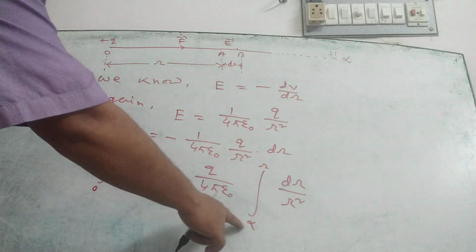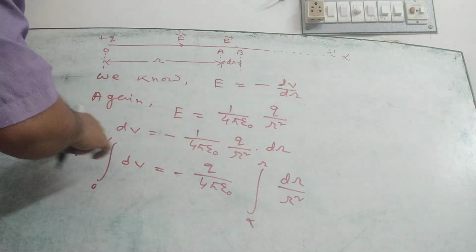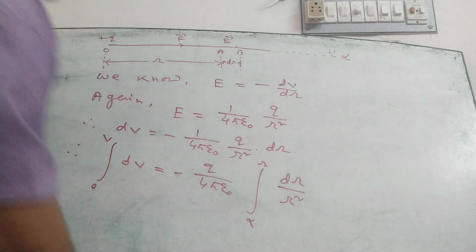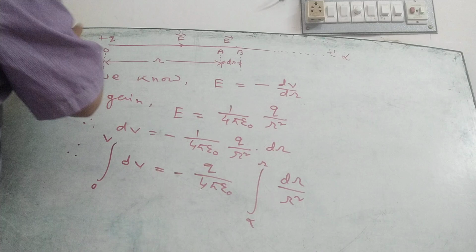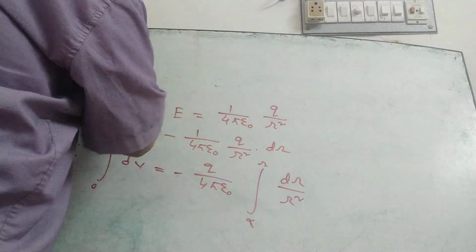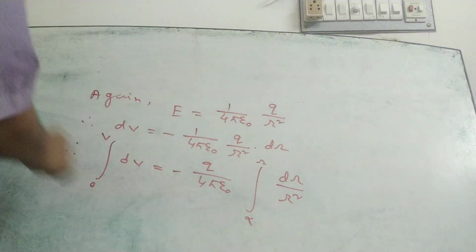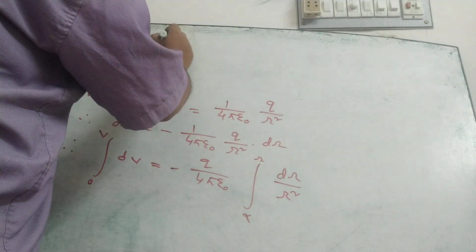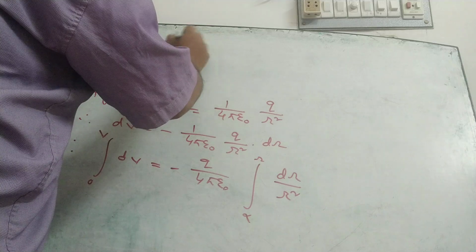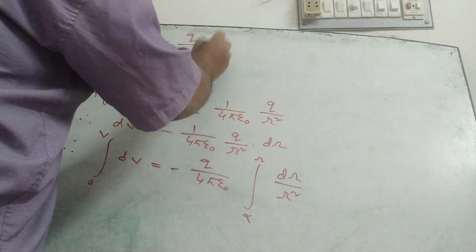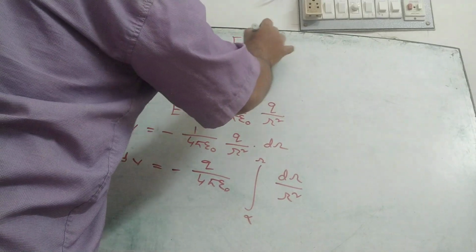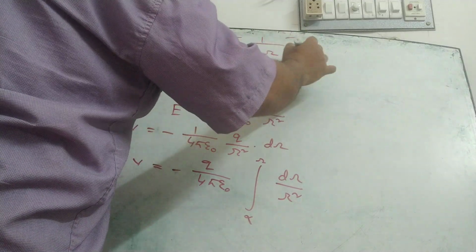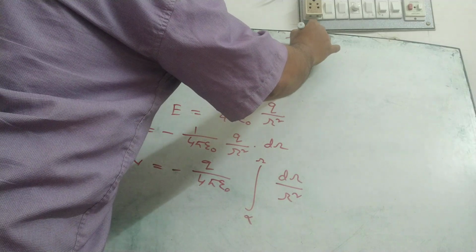The potential at infinity is 0, at the point r is V. Now, integrating both sides, the result is V is equal to minus q by 4 pi epsilon 0 into 1 by r from infinity to r.